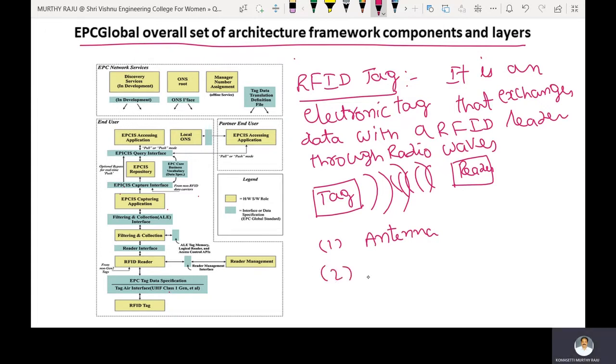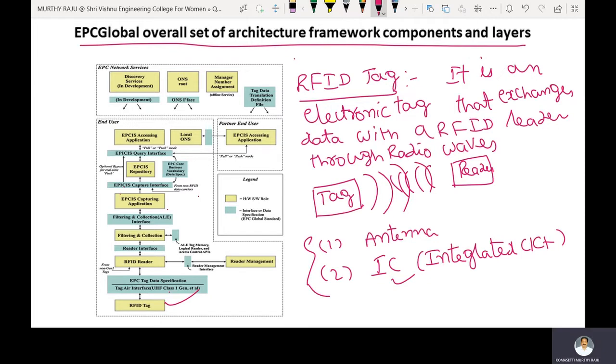The second component is an IC, integrated circuit, which is used for processing and storing data, as well as modulating and demodulating the radio waves received and sent by the antenna. These are the two main components of the tag. This one is the RFID tag.